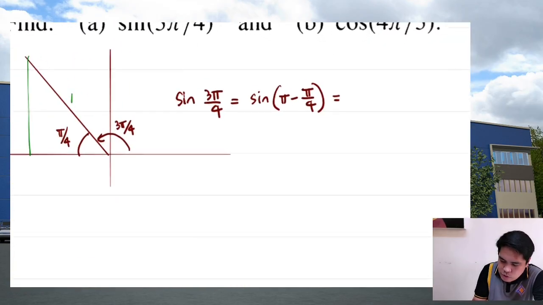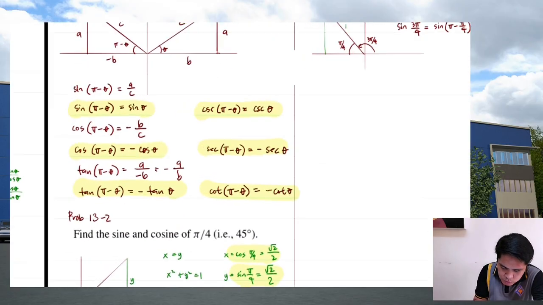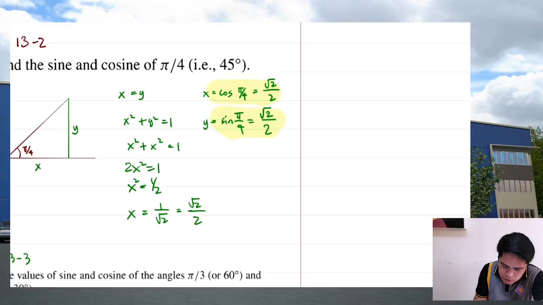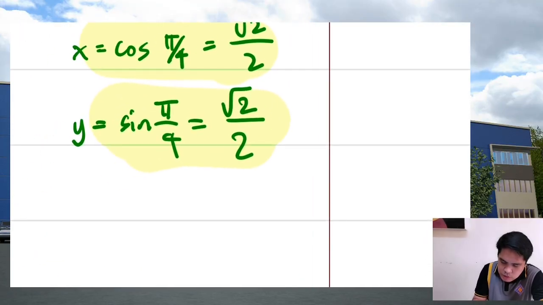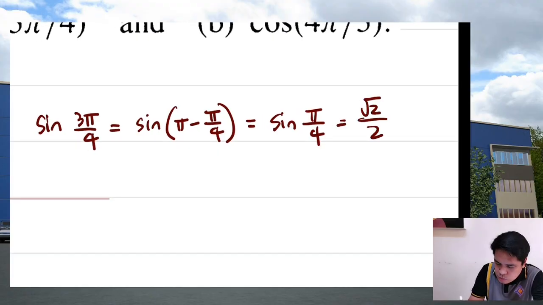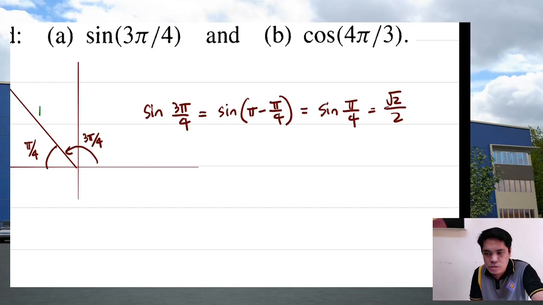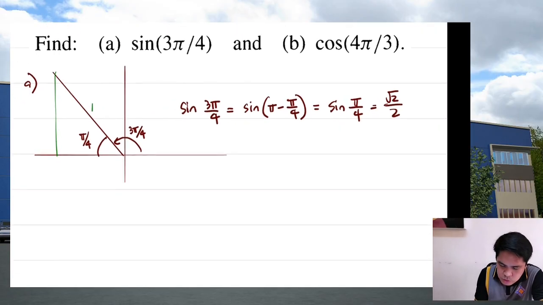So therefore, this is equal to sine pi over 4. And sine pi over 4, we have already solved. That's square root of 2 over 2 or 1 over square root of 2. It's square root of 2 over 2. So that's all it is. We just use the supplementary identity to determine that value.